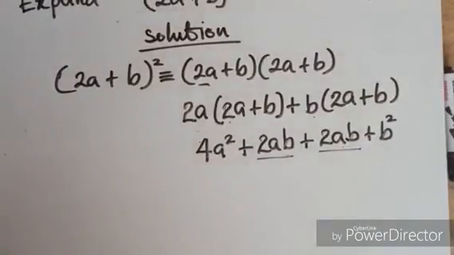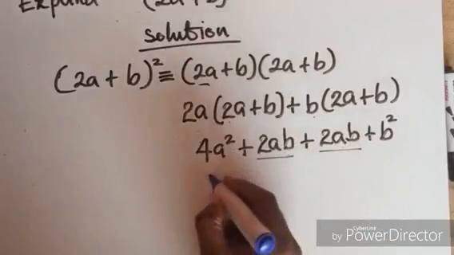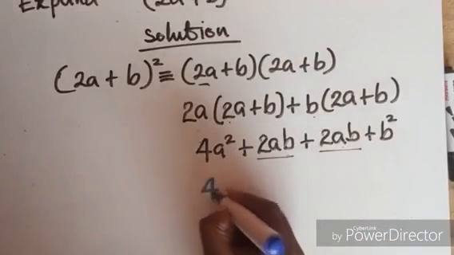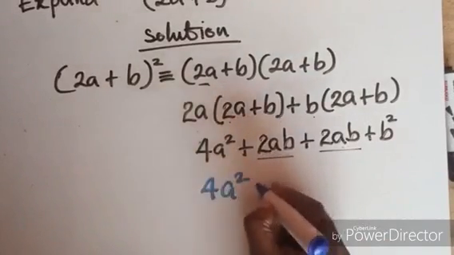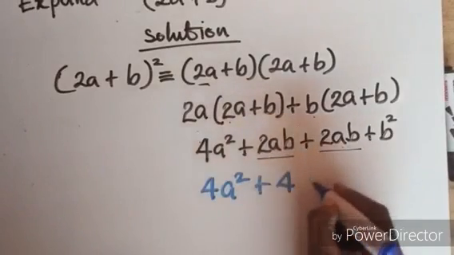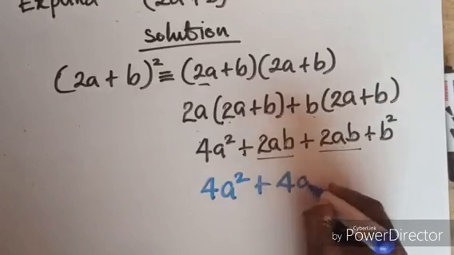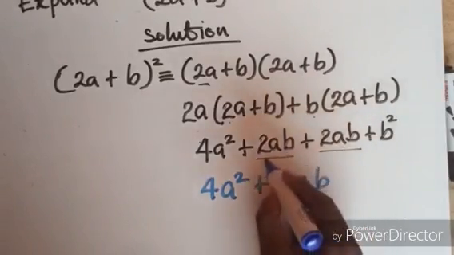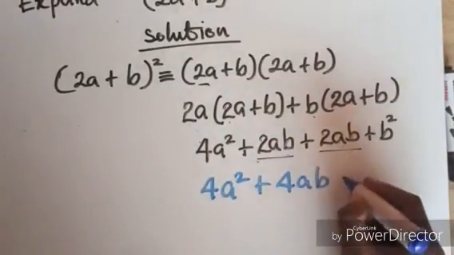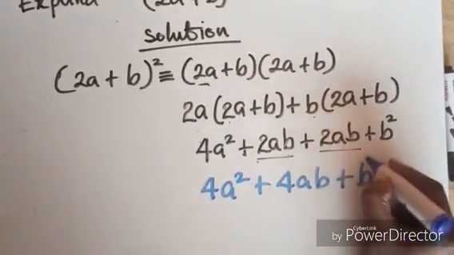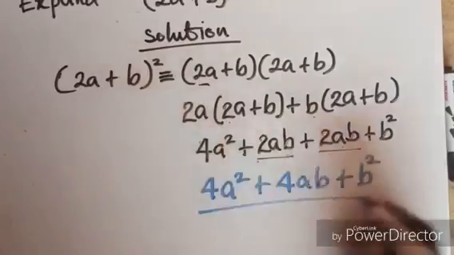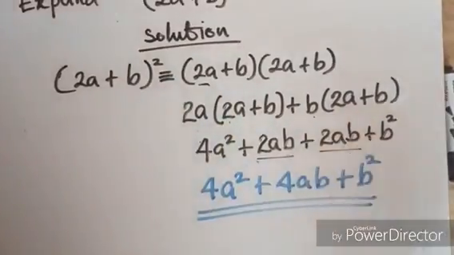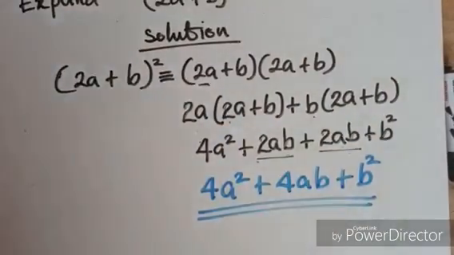So in that shape, we're going to have 4a squared plus 4ab. That means 2 of this and 2 of that, plus b squared. Good. So this one becomes solution to the question.